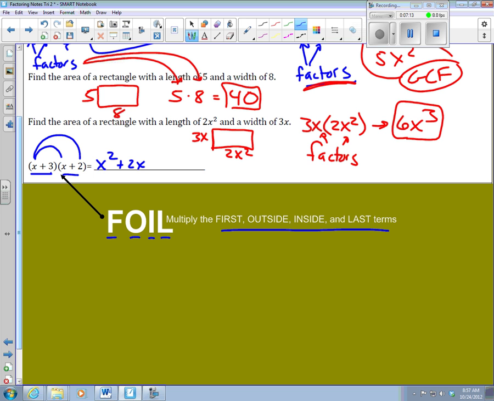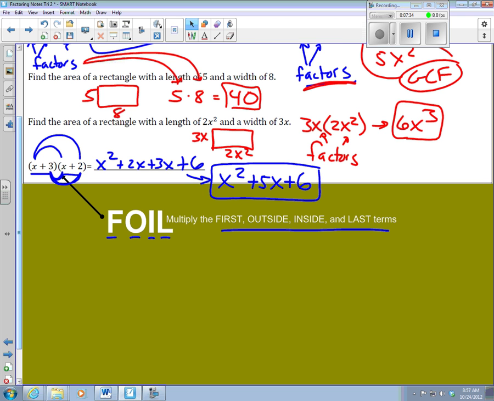Inside: these two terms are on the inside, 3 times x is 3x. And finally, the last term in each one is 3 times 2, that's 6. This gives me a grand total of x squared plus 5x plus 6. This is my answer right here if I was multiplying them.